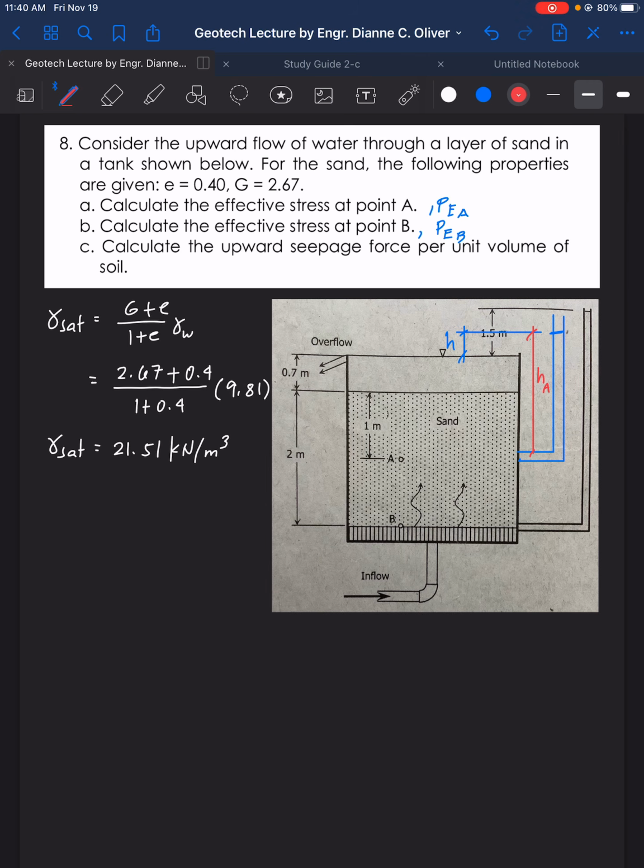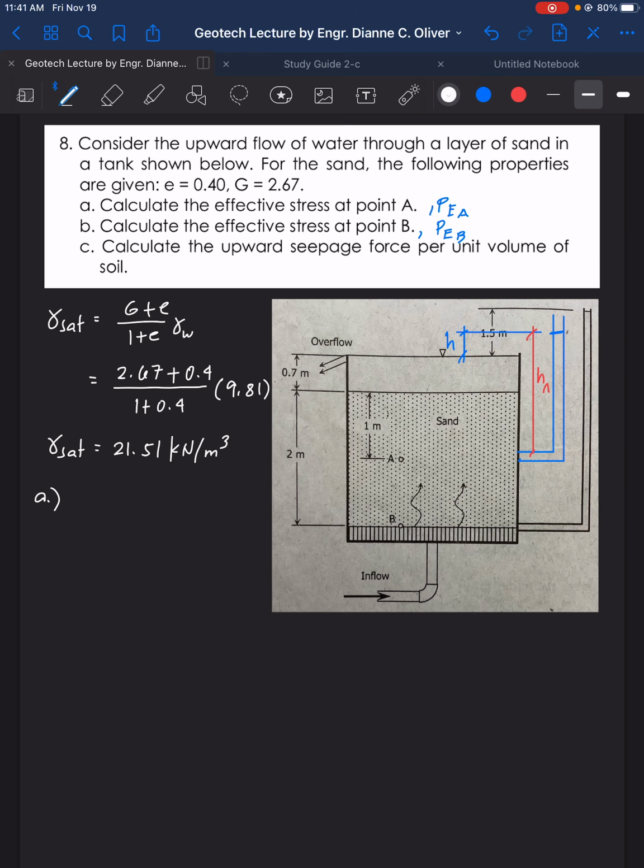So using the entire system, if 1.5 is located from this point here up to the water level there, H is located from this point of the water up to the water level here at the overflow. So we can have a ratio and proportion using the entire system.